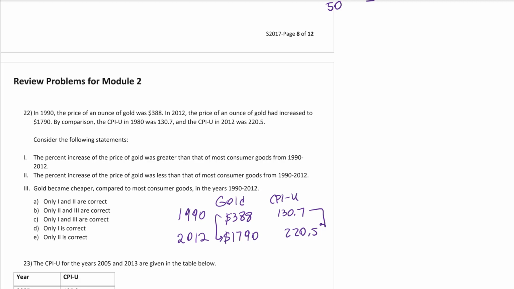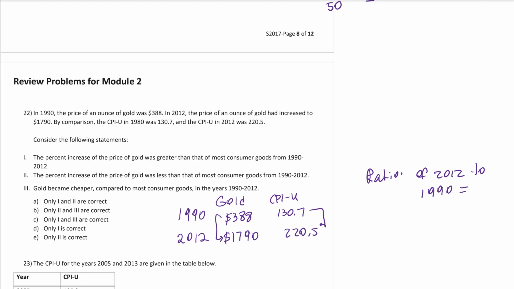So the ratio of the larger number by the smaller number. So you're doing the ratio of the 2012 number to the 1990 number for each one.